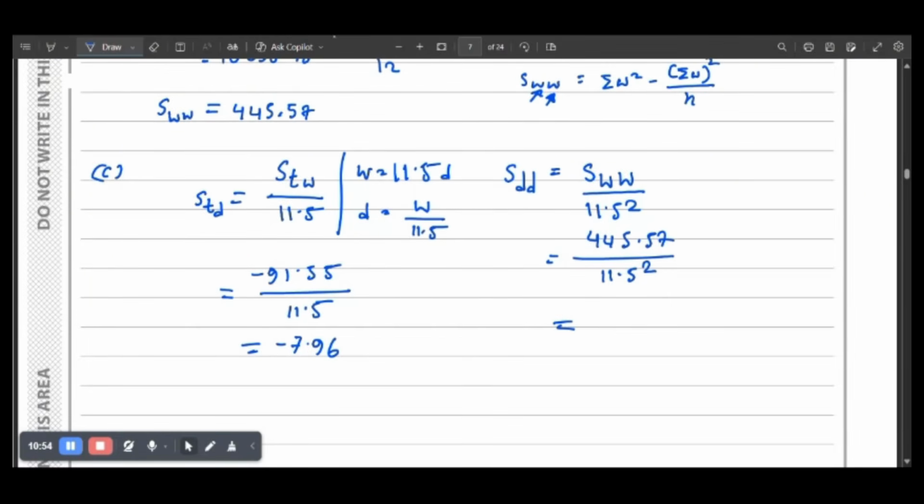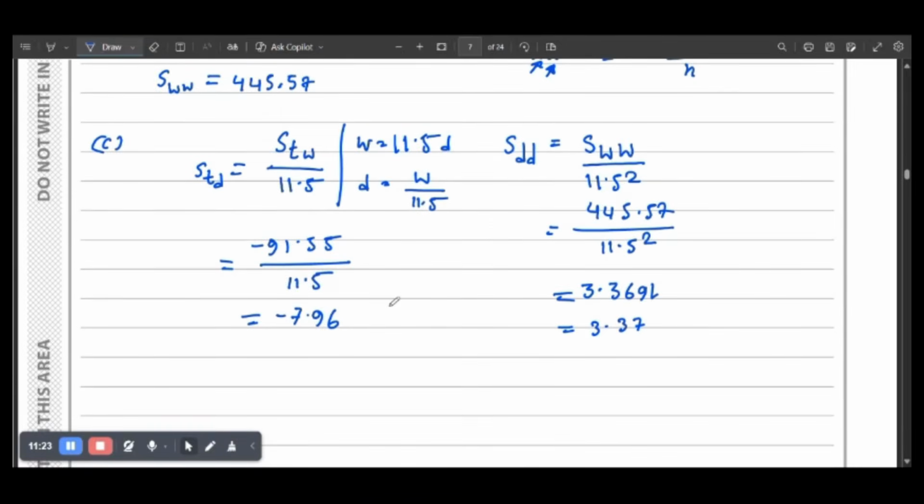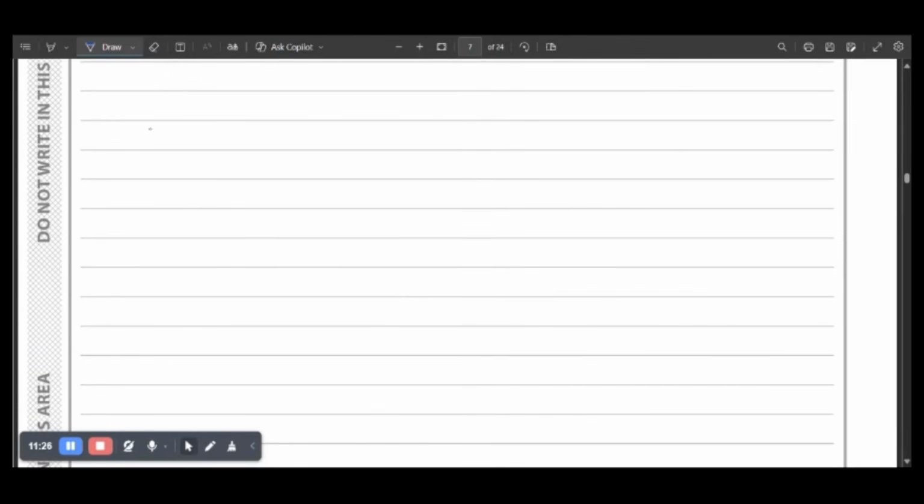This will be equal to 3.3691, which can be written as 3.37. This concludes our part C.